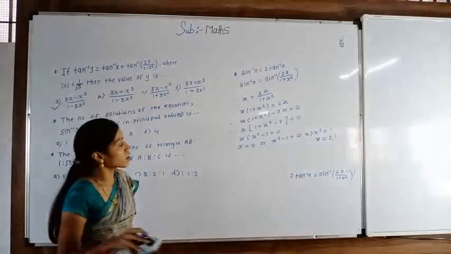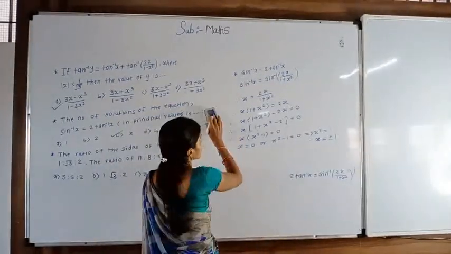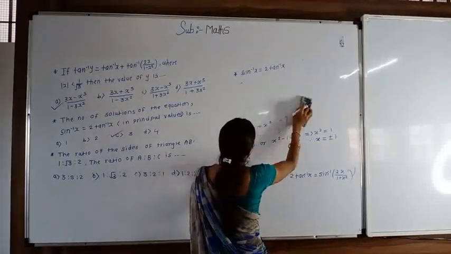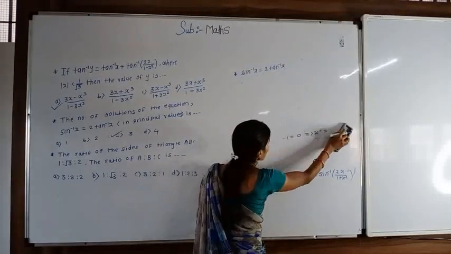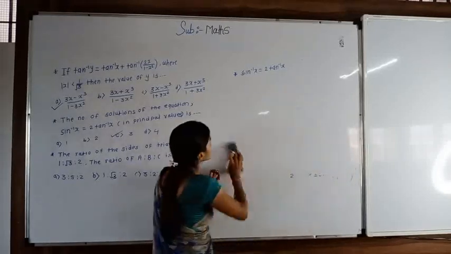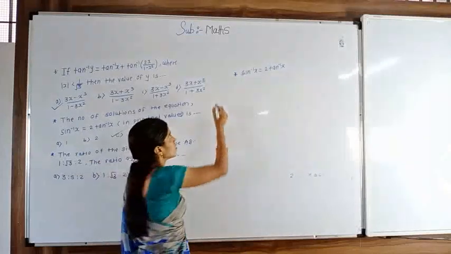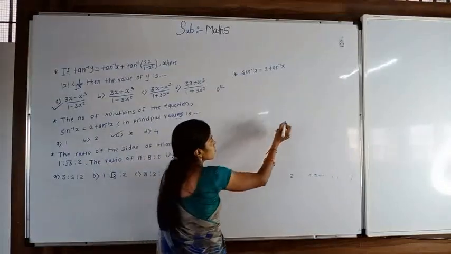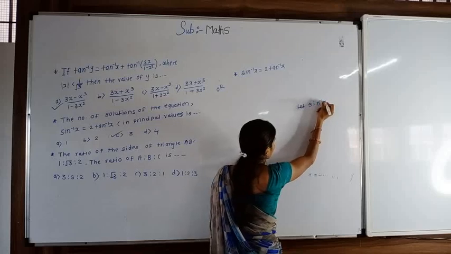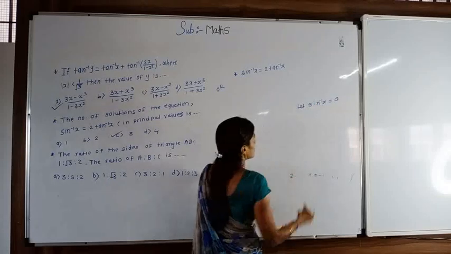So, an alternate method for solving this equation: see here, both sides we will transform to tan inverse. Okay. So first we consider sine inverse as theta. Let sine inverse of x, we can take it as theta.